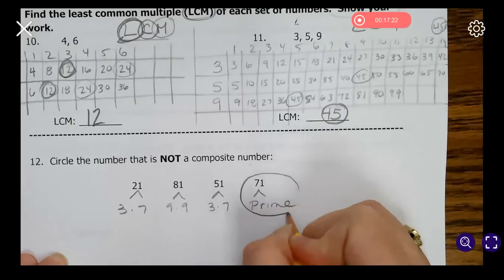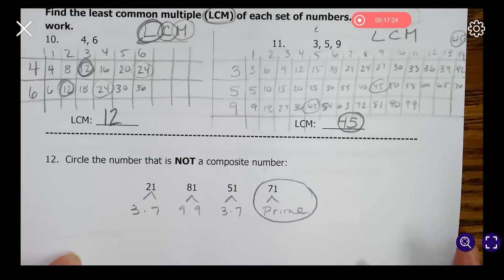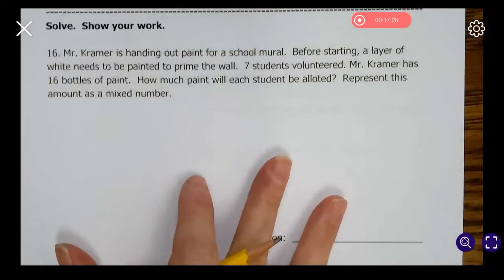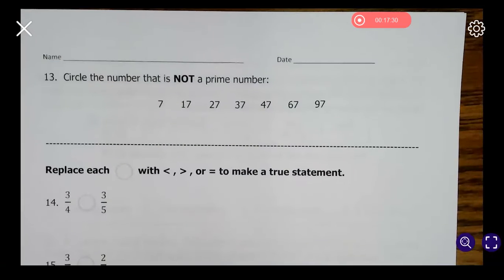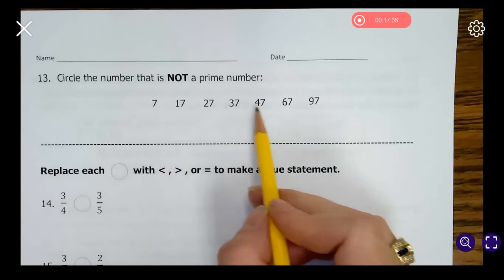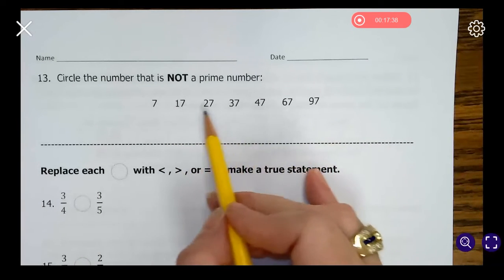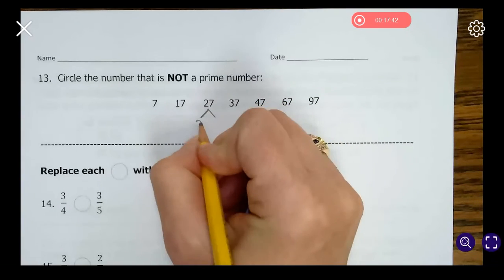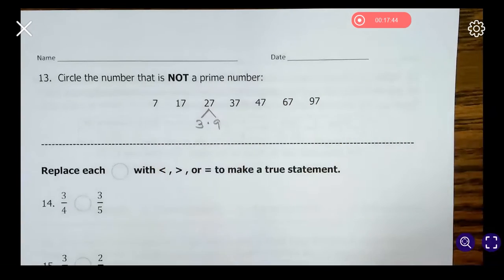So 71 is a prime number. All right, 13. Circle the number that is not a prime number. Well, the one that is not a prime number, hopefully you can see it, is 3 times 9, 27.